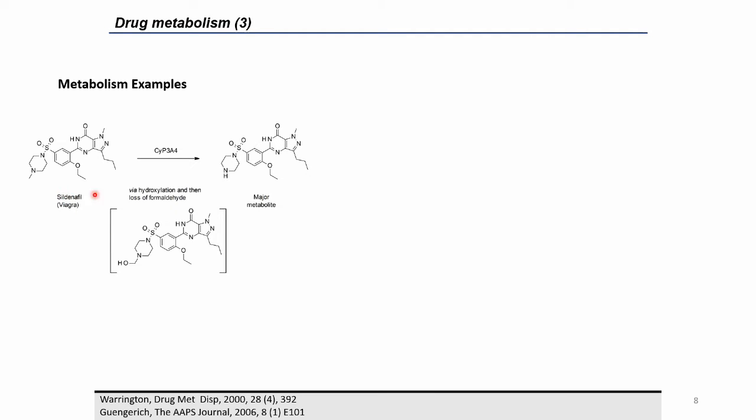And this happens, I said this is an oxidative metabolism. It adds a hydroxyl to this methyl group on the piperazine ring, but that's unstable. And so formaldehyde is lost and you get this more soluble major metabolite with the secondary amine.